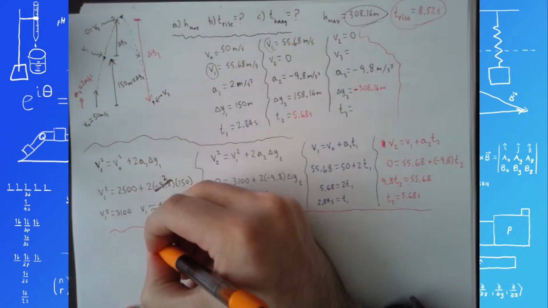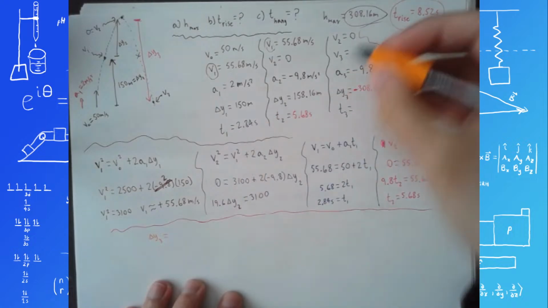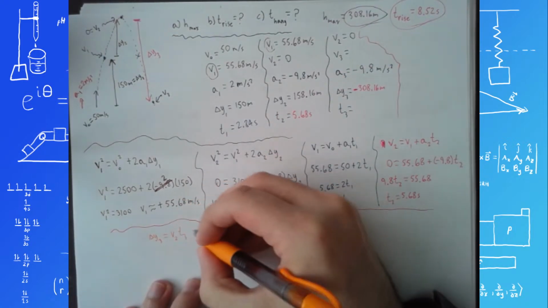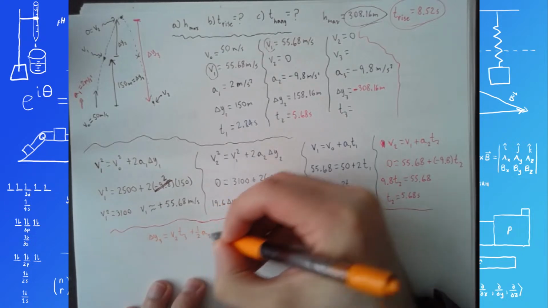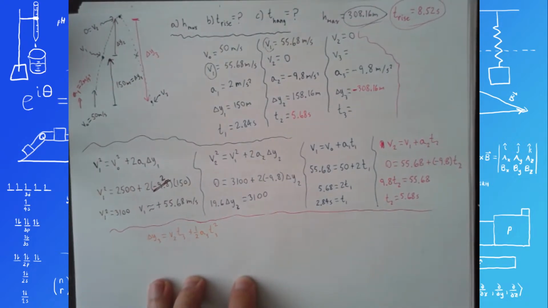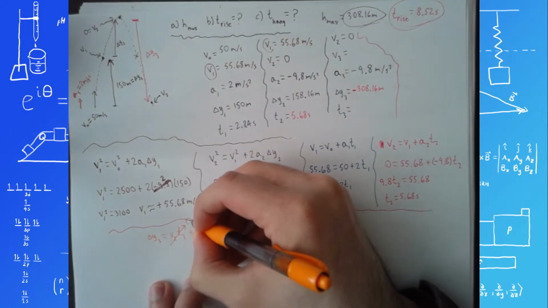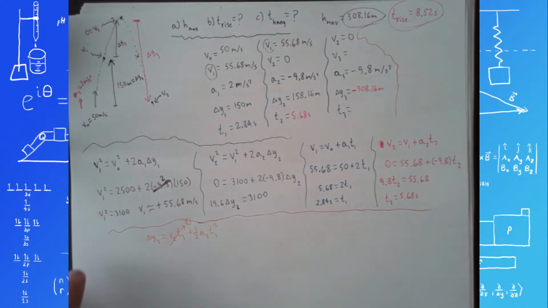If I do delta y3 equals v2 times t3 plus 1/2 acceleration 3 times t3 squared. Well, v2 is 0 here, so that's gone.